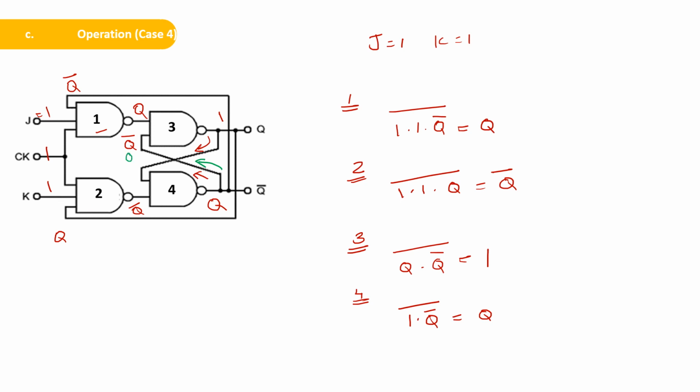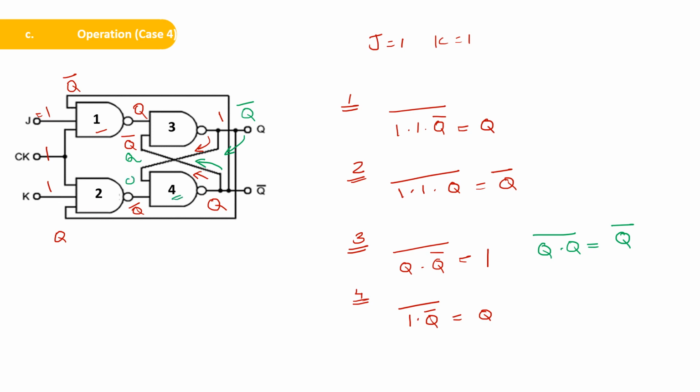So now the NAND gate 3 inputs become Q and Q, and its complement is Q complement. That means this will become Q complement. Now this Q complement is getting fed back as the input of NAND gate 4.